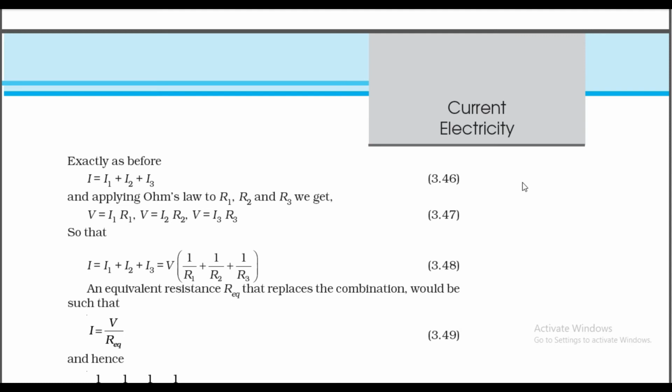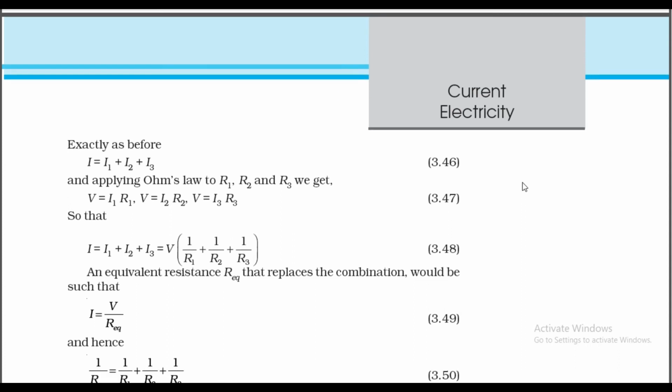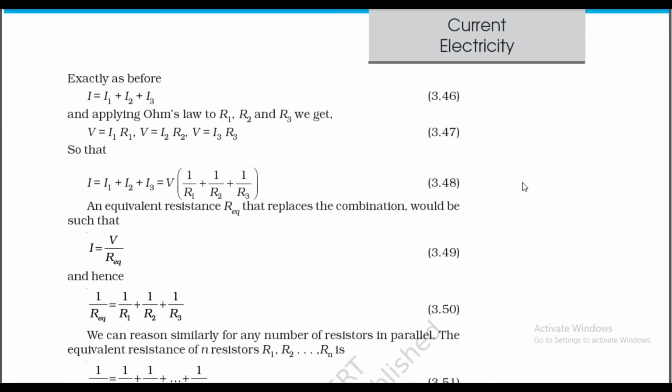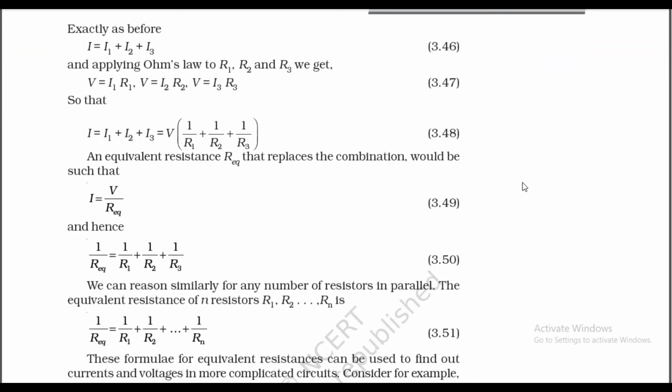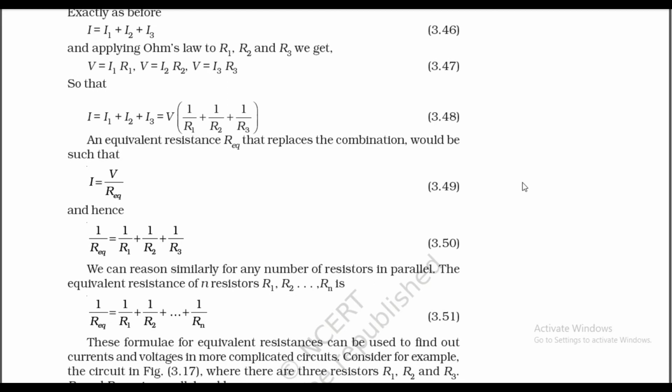So that I is equal to I1 plus I2 plus I3, which is equal to V into (1 by R1 plus 1 by R2 plus 1 by R3). An equivalent resistance Req that replaces the combination would be such that I is equal to V by Req, and hence 1 by Req is equal to 1 by R1 plus 1 by R2 plus 1 by R3.